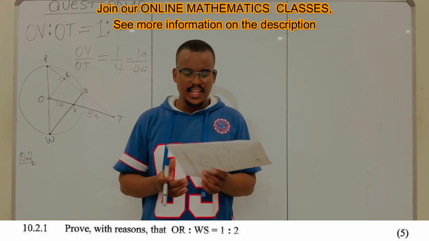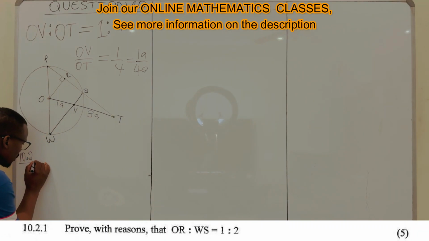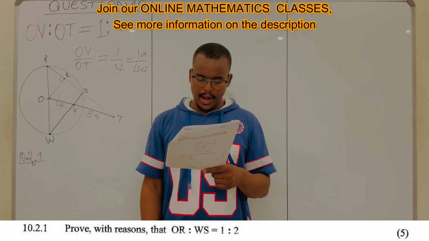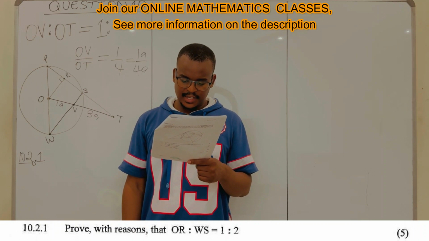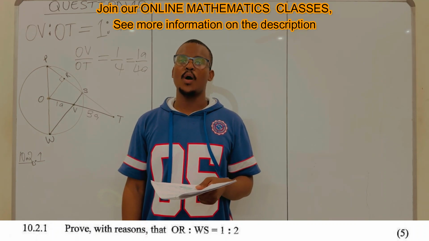Fine. Now let's move to 10.2.1. At 10.2.1, they're saying prove with reason that the ratio of OR to WS is 1:2.